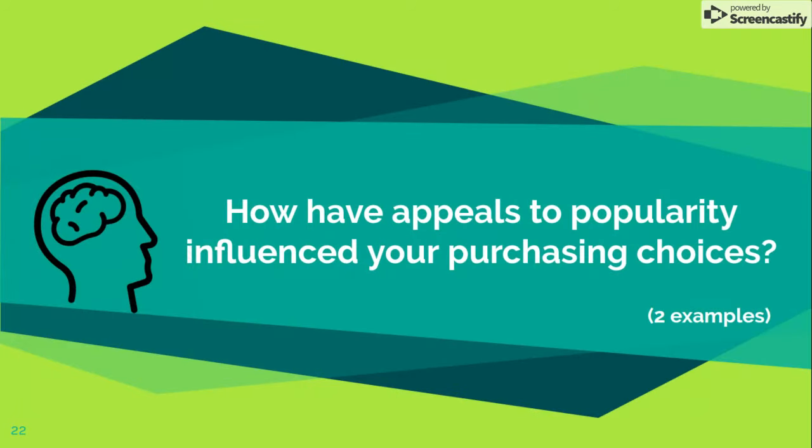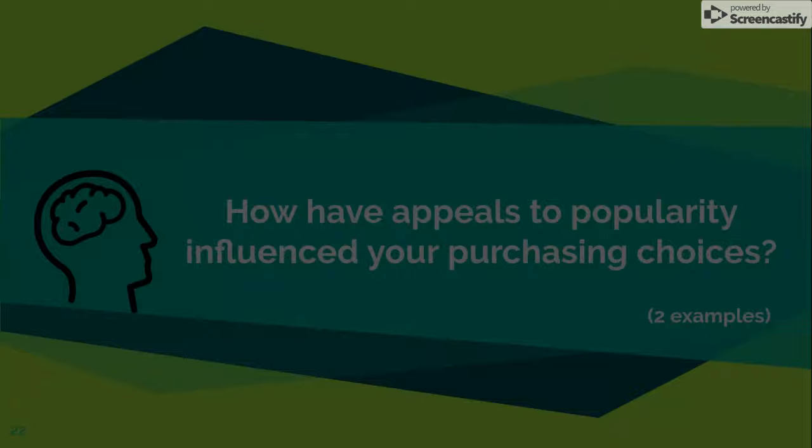So I talked about people buying shoes, cars, the latest dishwasher, lawnmower, lots of different things. I'm just curious to know, how has it influenced you? And have you noticed that this has been happening?